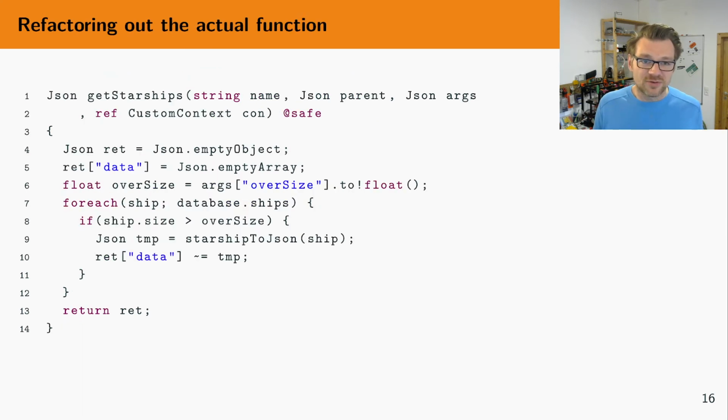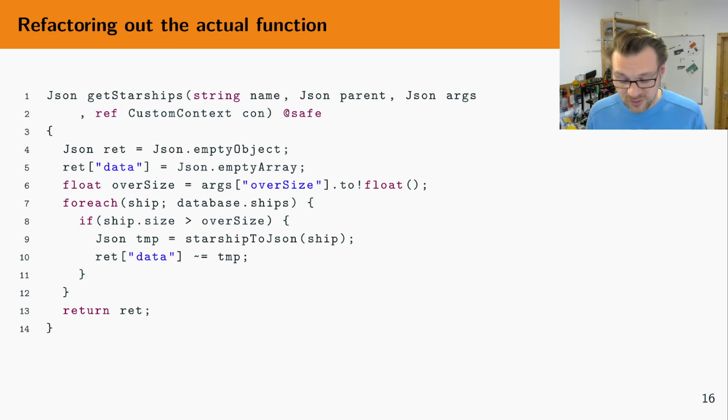A tiny bit of refactoring before we do it this way, just to show another thing that now can be done. So for instance, if the database were to be passed in by the custom context, we could make this get starships function, which is basically just a copy of the body of the delegates we saw earlier. And we could mock our database access for unit testing, for example.